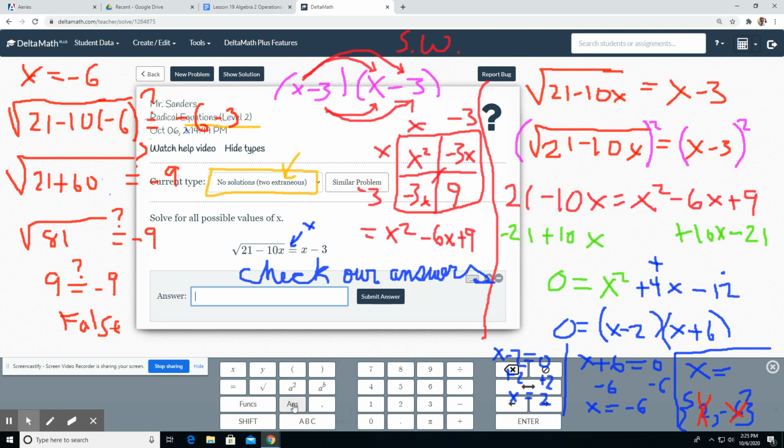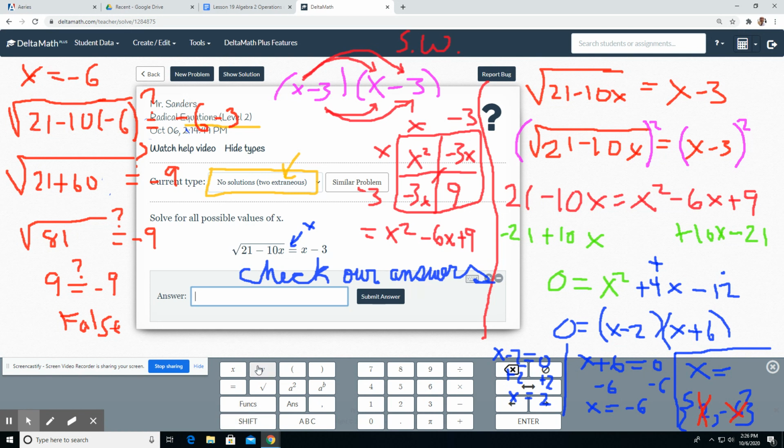Answers? Nope. Shift. See if any of those are the no solution. Well, I'm not really sure how to represent the no solution aspect.